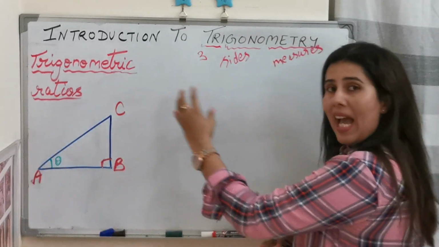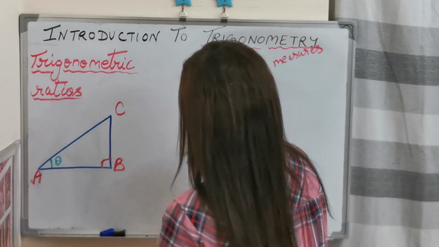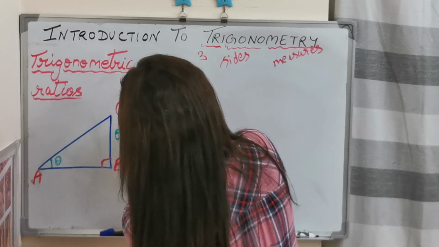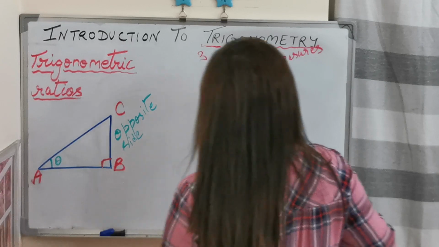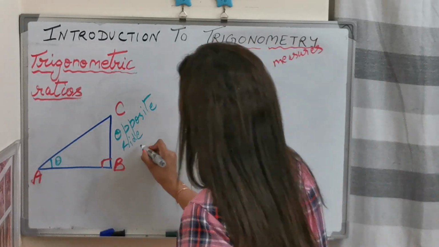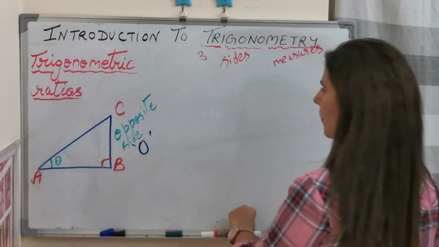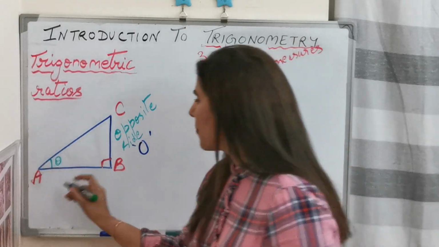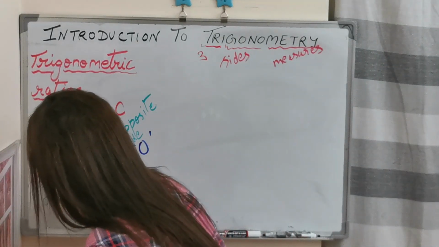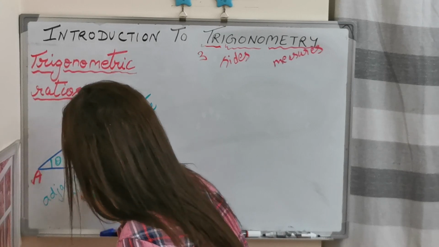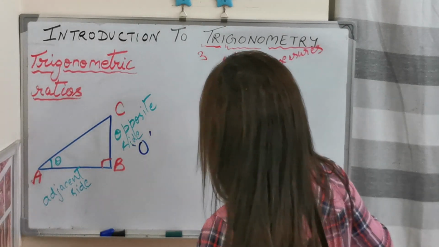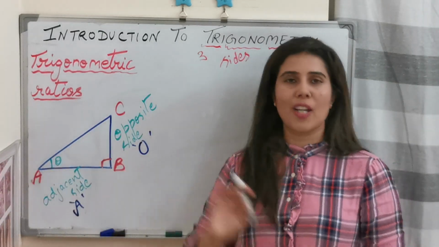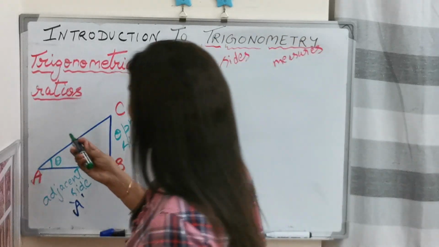The side opposite to the angle is known as opposite side, and basically it is denoted by capital O. Okay, the side adjacent to or just near the angle theta is known as adjacent side, denoted by capital A. And we all know that the longest side of a right angle triangle is known as hypotenuse.